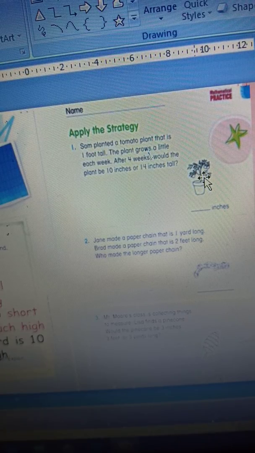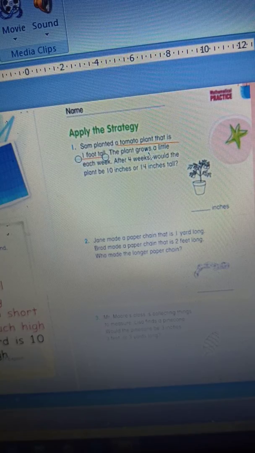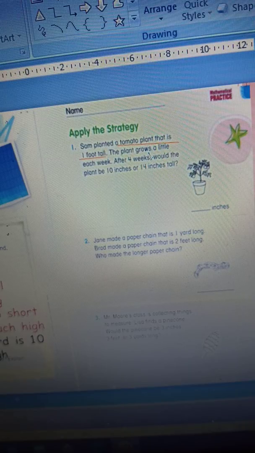Now, let's find out. Again, we know that Sam planted a tomato plant that is 1 foot. Yes, it is already 1 foot. And you know that 1 foot is 12 inches. Correct.